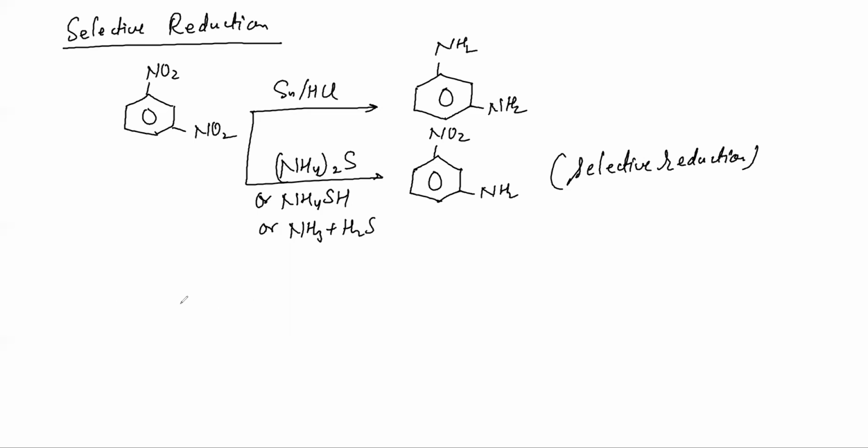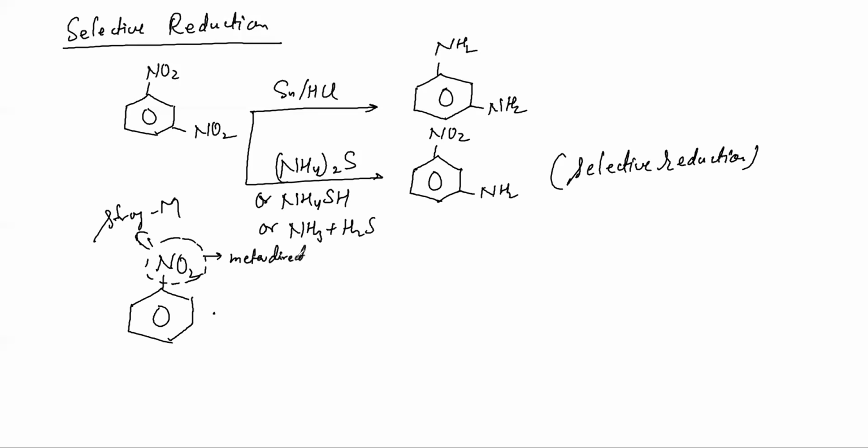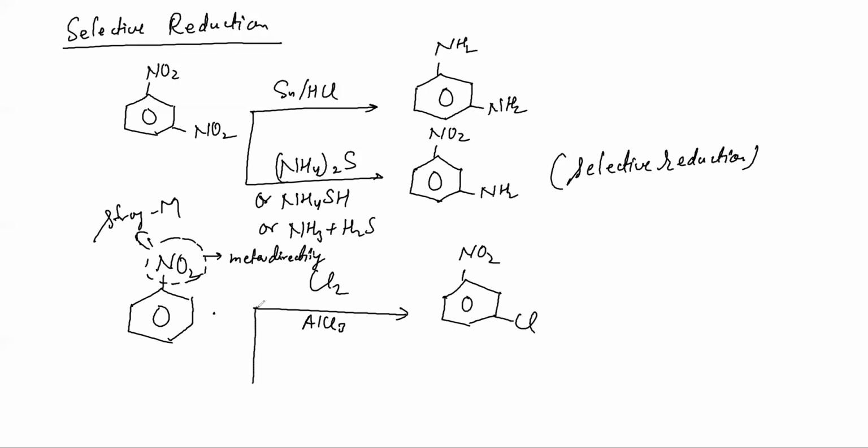Now, let's perform some reactions of nitrobenzene also. NO2 has a strong minus M. Because of minus M, it will be meta-directing. So if you treat it with Cl2, AlCl3, the reaction is going to be very difficult. But it happens, and ultimately you get Cl on the meta position.